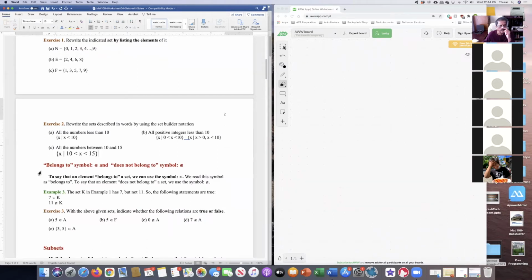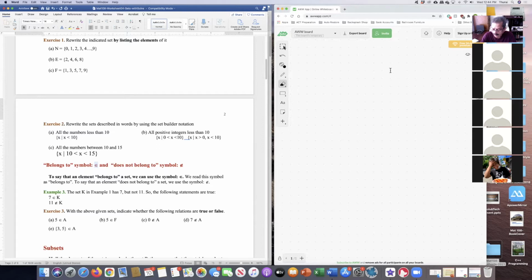Now let's understand some symbols. In set theory, we use some symbols to mean some words. If you need to say something belongs to a set, the words belongs to can be written with this symbol. Let me write on the board.